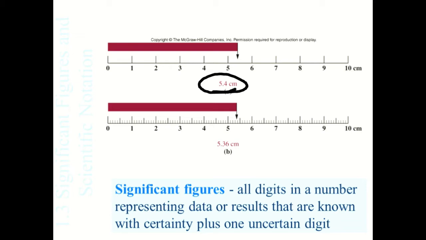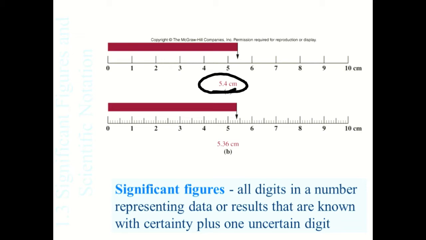Let's see how my significant digits change when I add precision to my ruler. Now I know for certain it goes past 5, and I know for certain that it goes past 0.3, and it lies somewhere between 0.3 and 0.4. So now I have to add another significant digit.